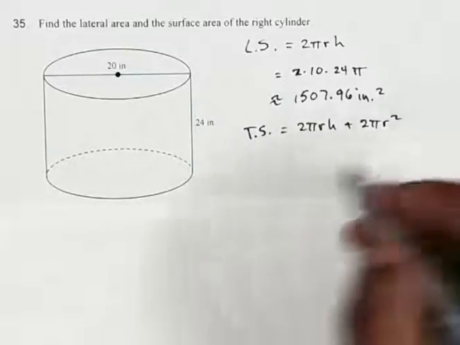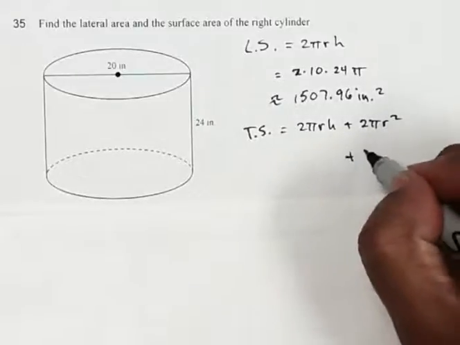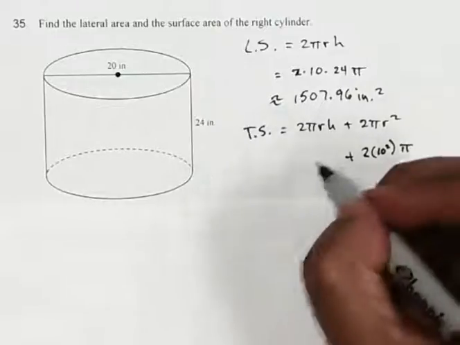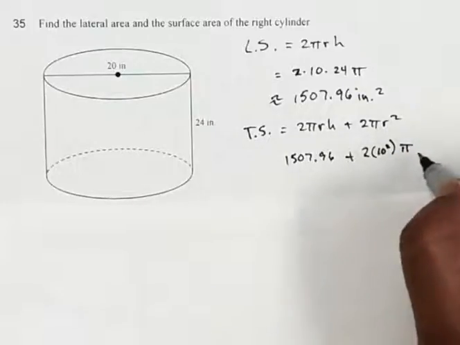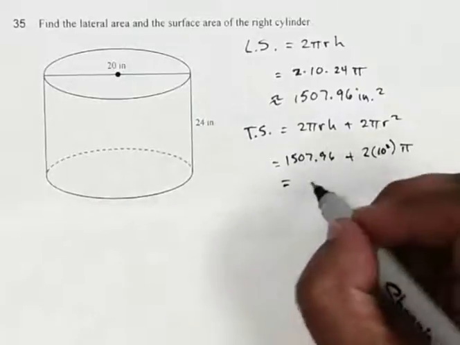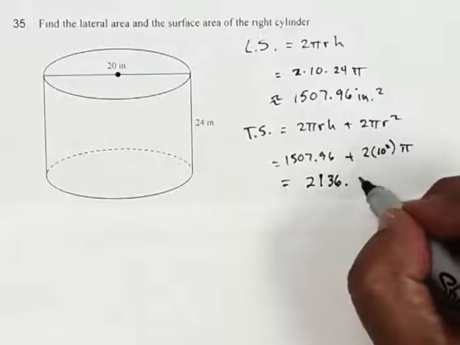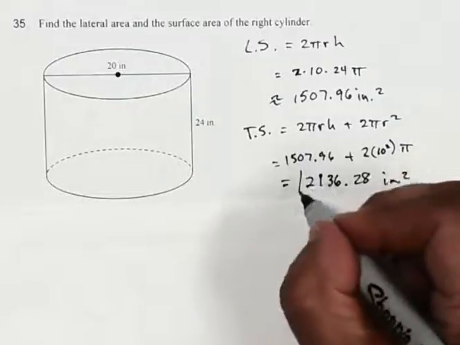So for the radius squared, that's going to give me 2 times 10 squared pi. So I have the 1507.96 plus 2 times 10 squared pi. Okay, and that is going to be 2,136.28 inches squared on that one.